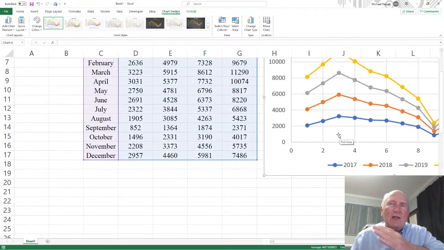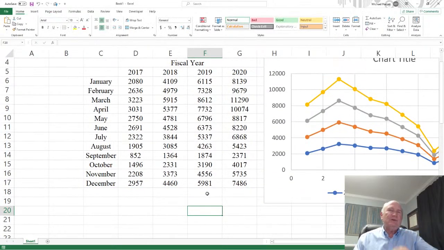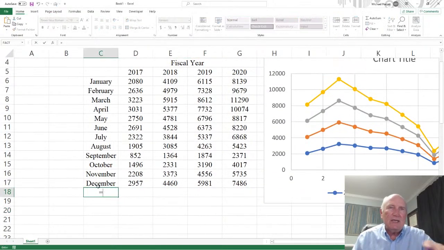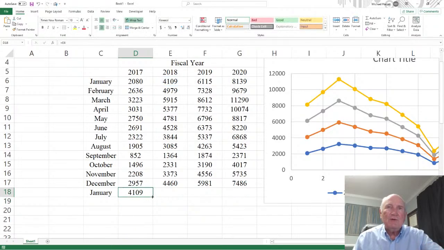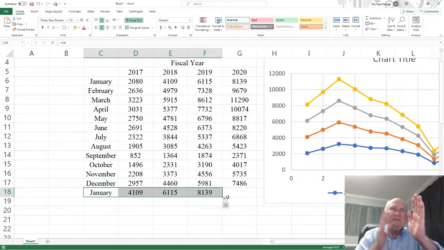What if we want a line plot? Well, we can still do that here. A little trick here. Right here we say equal this. This is equal to the next year. And then copy this over. So now when I start copying this down, I'm going to copy the January through December, January through December, January through December, and I'll copy these in a row.